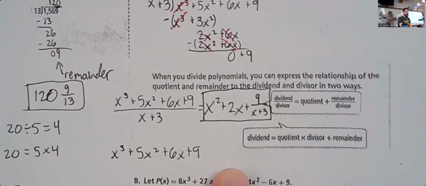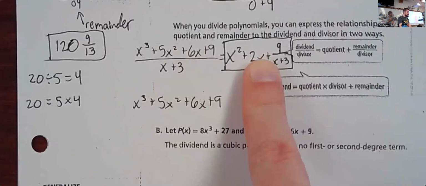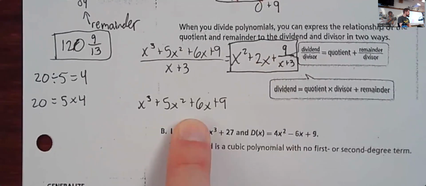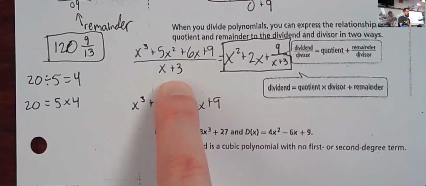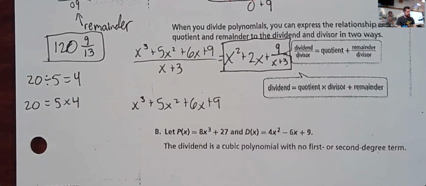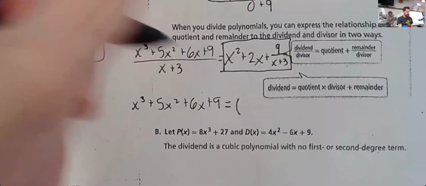So this is saying that if we divide, we get our answer here. But we can also say that the larger thing, the thing that was divided, the dividend, is equal to the answer times the divisor. But we can also add on the remainder, because that's what we'd have to do. So this is going to be equal to the quotient, which is x squared plus 2x.